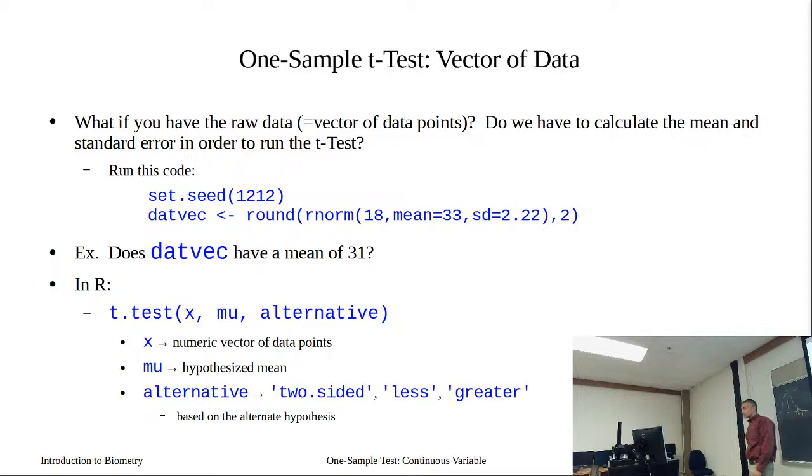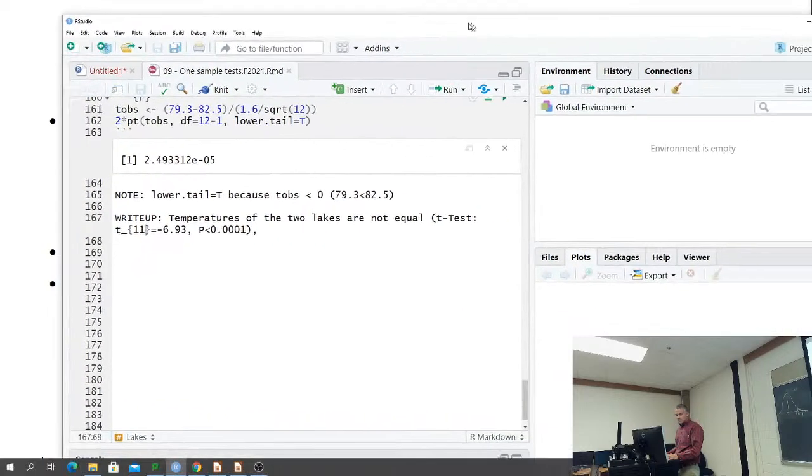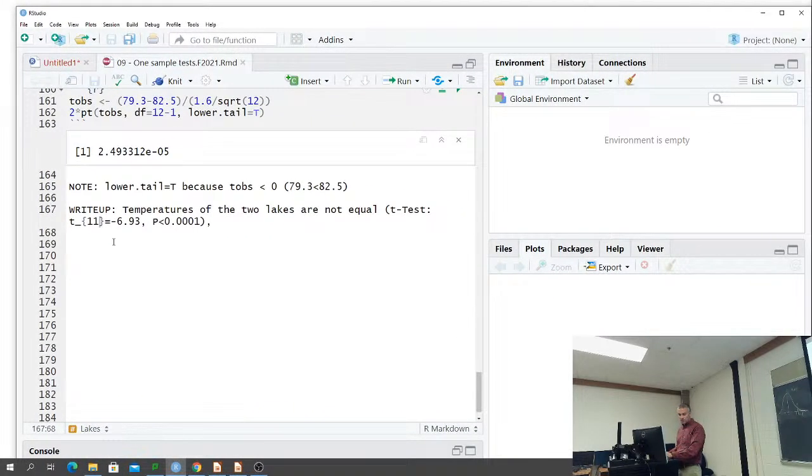All right. So go ahead and run it. Get it in R. So this is still one sample test. We just finished our examples. So I'm going to create a new header: t-test using data vectors. All right, so that's what I'm going to mark it. So generating the data.